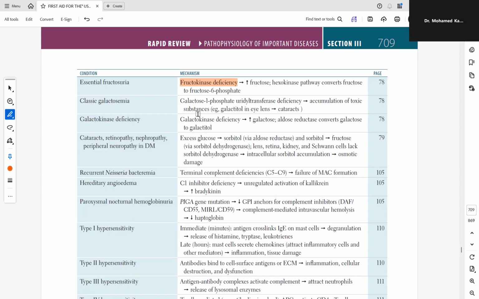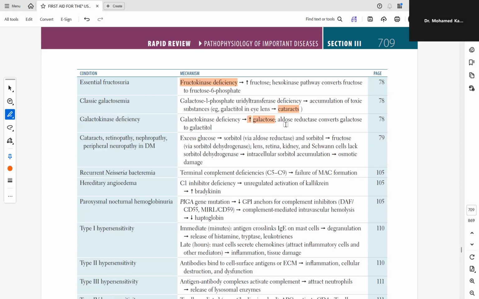Accumulation of toxic substances, galactitol in the eye lens, causing cataracts. Galactokinase deficiency leads to an increase in galactose.